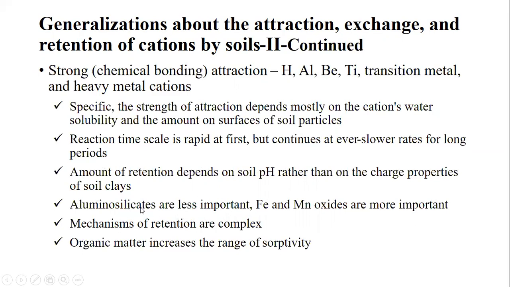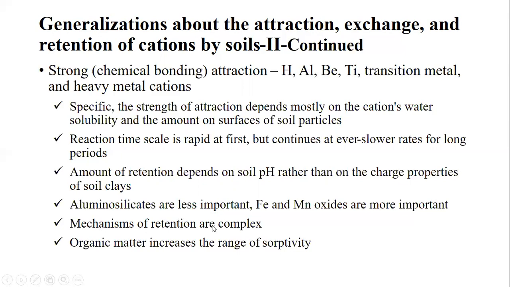We said aluminosilicates and humus were very important before, but in this case aluminosilicates are less important, and iron and manganese oxides are more important. The oxides are much more important because their charges are pH dependent.